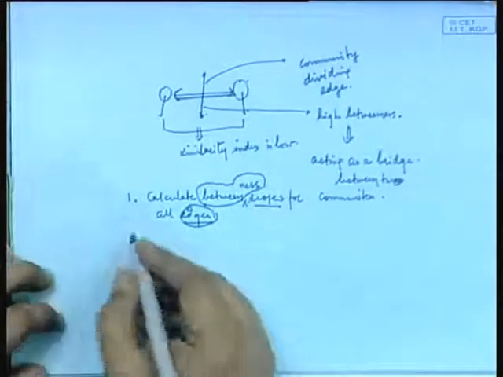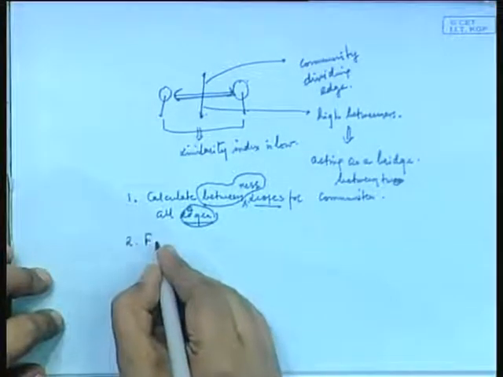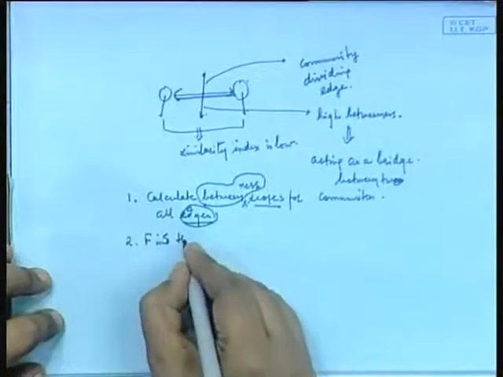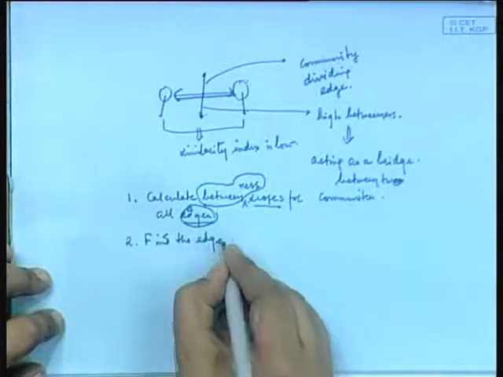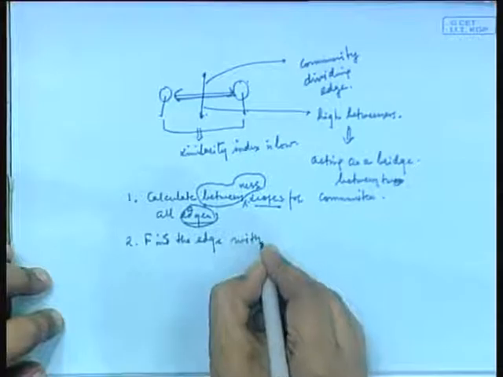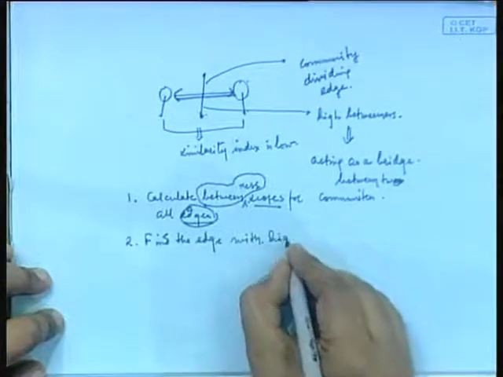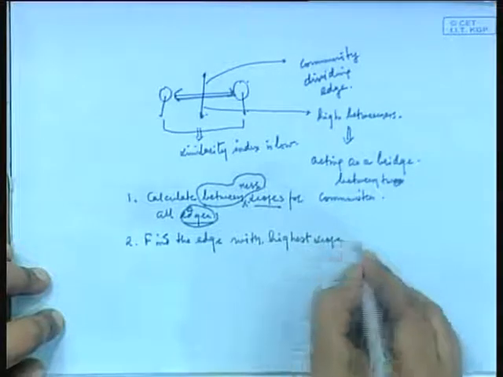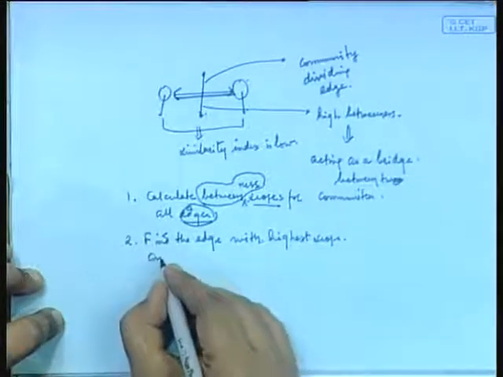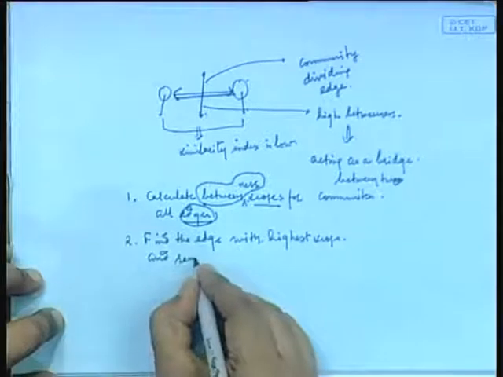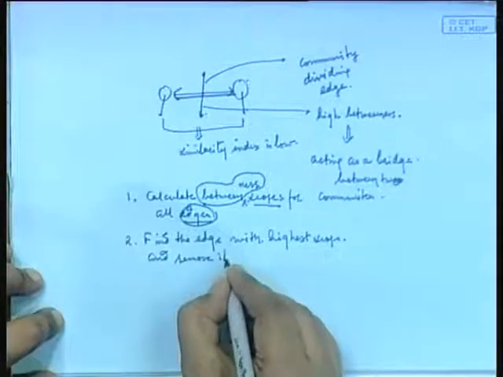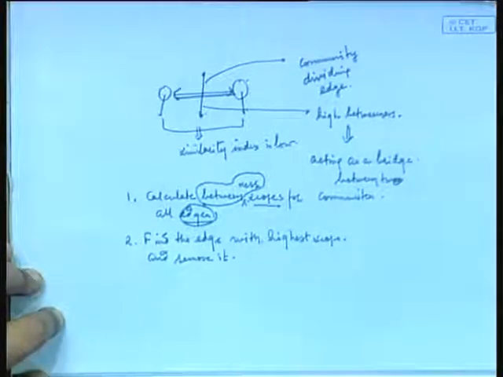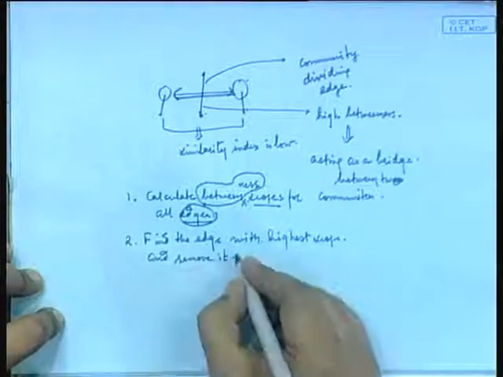Then find the edge with the highest score and remove it from the network.